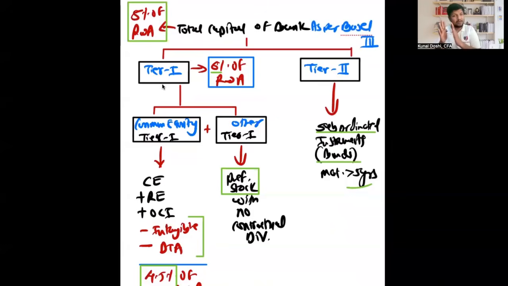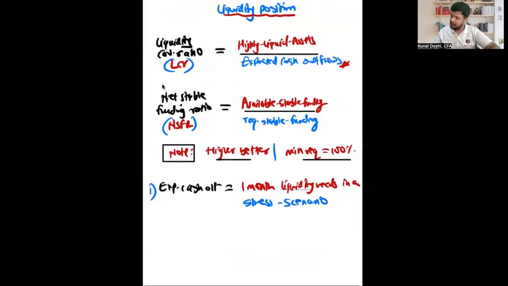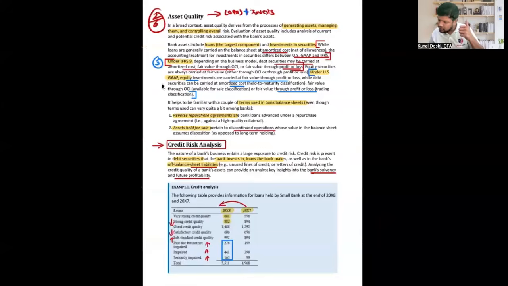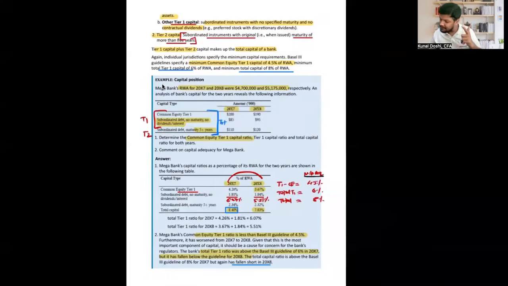Then total tier 1 is slightly higher, 6% minimum capital. And tier 1 and tier 2 put together is 8%. 4.5, 6, and 8. Remember this. All right. Clear. Okay. Now, that is what is in the CAMELS approach. This is about capital adequacy. Remember, something like this will be tested in the exam.